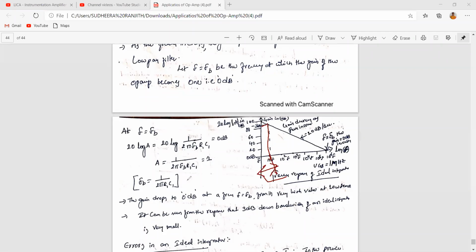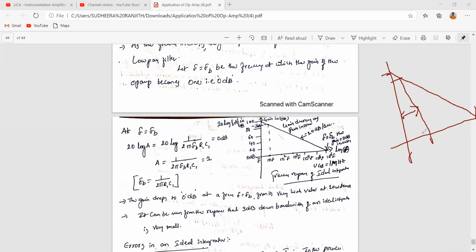Okay. So the ideal integrator frequency response looks like this, like a slope. This is the maximum value. If you draw the 3 dB line, this one is the bandwidth, so this is very small for an ideal integrator.